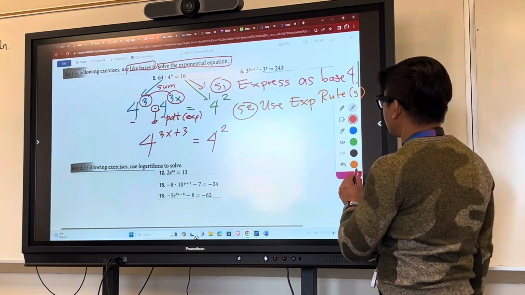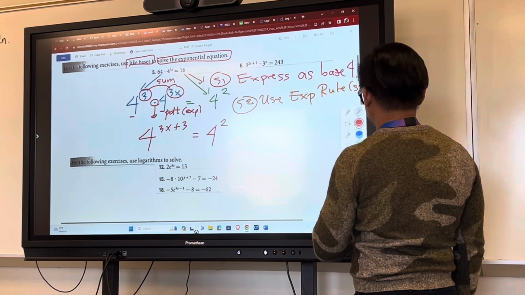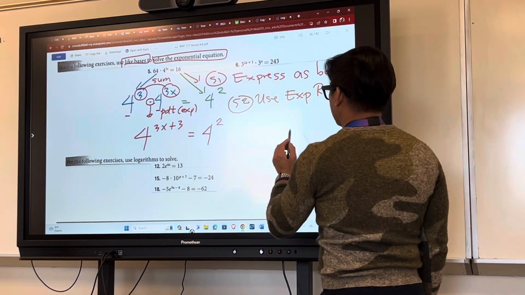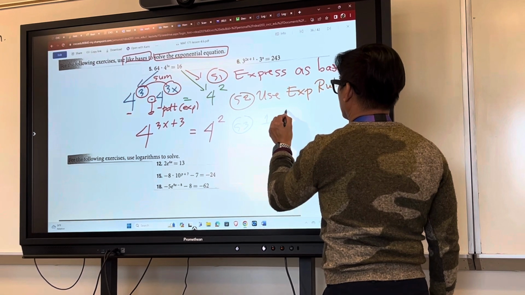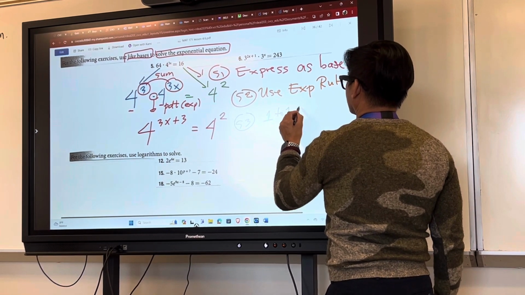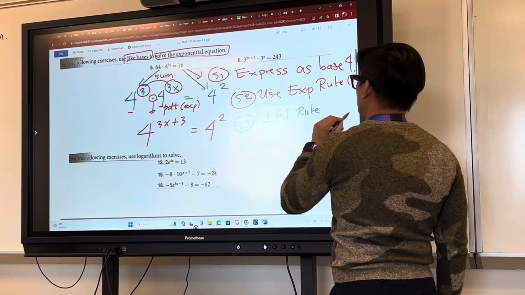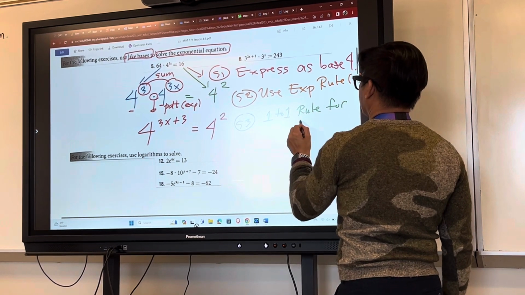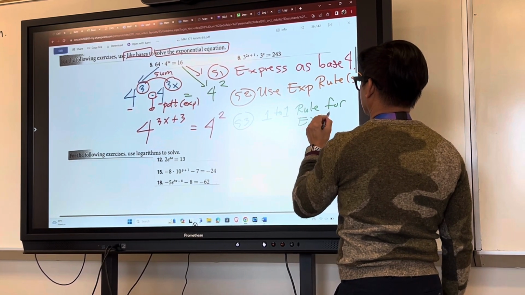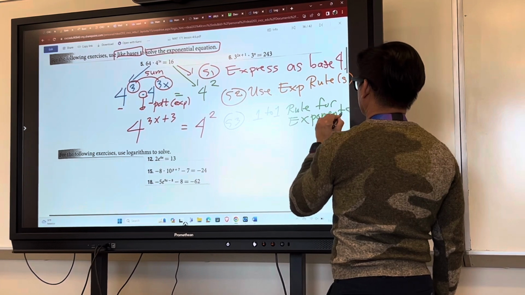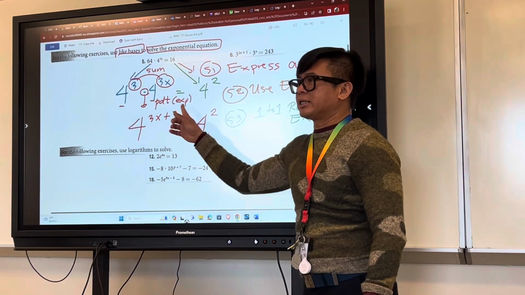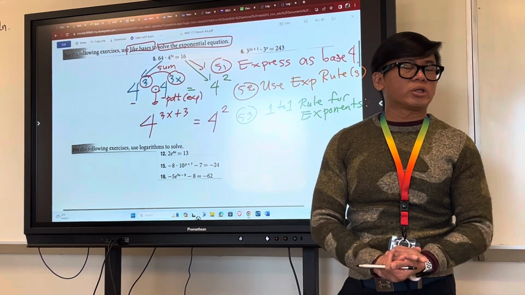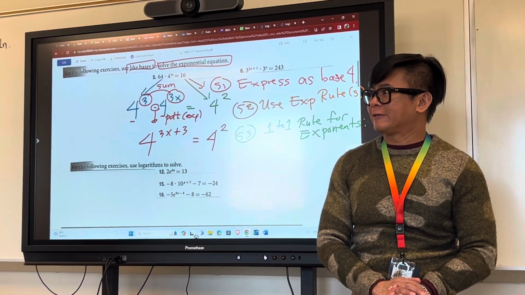Okay? Get it, guys? And the last one here is step number 3. We're going to use what we call the one-to-one rule, or property for exponents, telling us that if the bases are the same, then what can you say about the exponents?